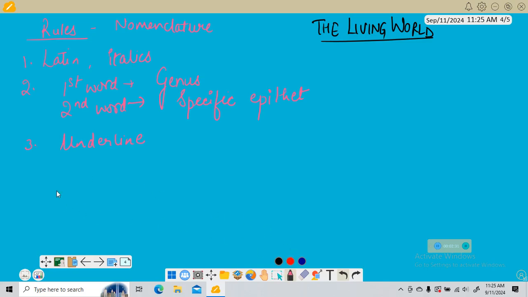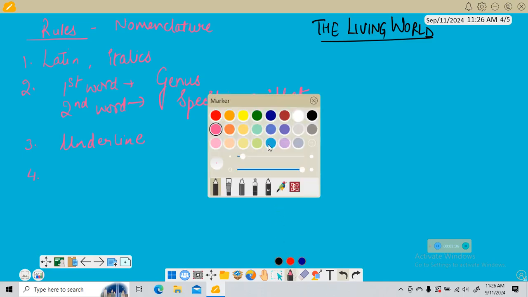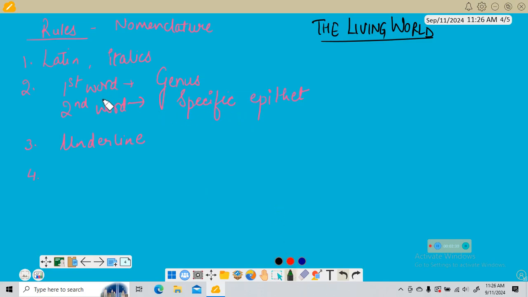Then the first word, denoting the genus, starts with a capital letter, or you can say uppercase letter, like A, B. Then the second word is with a small letter or lowercase letters.